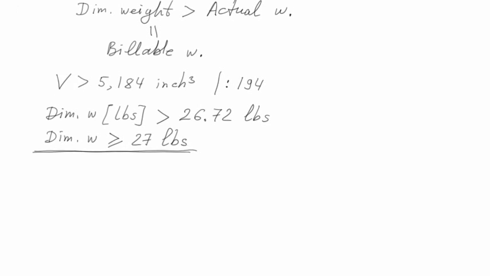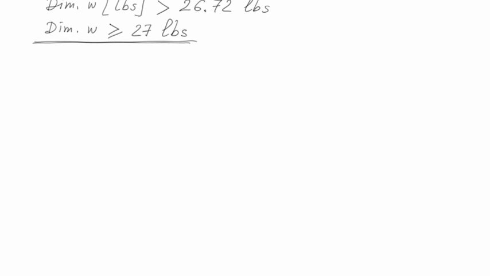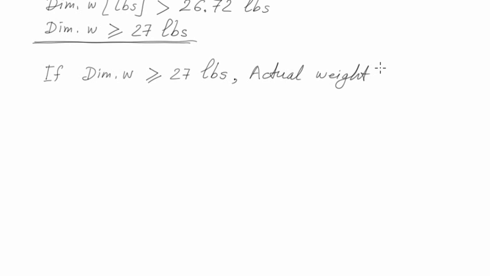So what we find is, if dimensional weight is more or equal to 27 pounds, and also more or equal than the actual weight, then billable weight is not actually equal to the actual weight, but in this case it will be equal to dimensional weight.